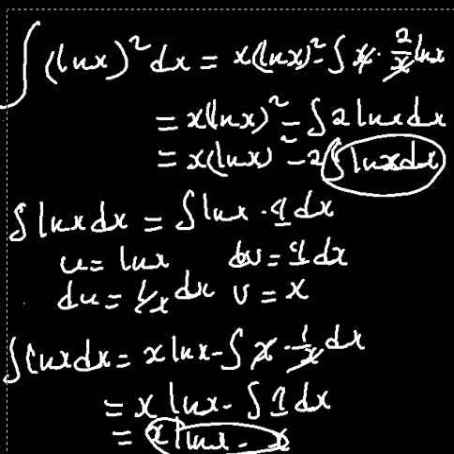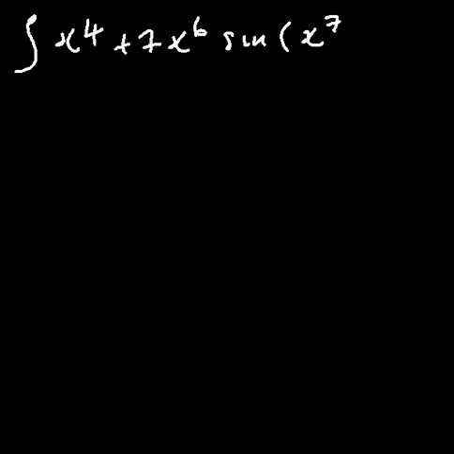So keep that in mind. And how about, let's say, this case: we have the integral of x to the power 4 plus 7x to the power 6 times the sine of x to the power 7 minus 3 dx.